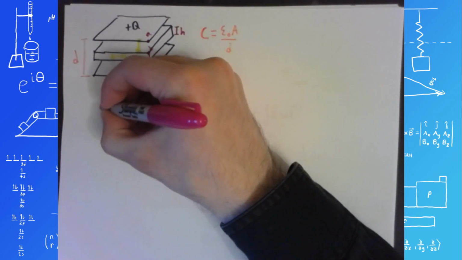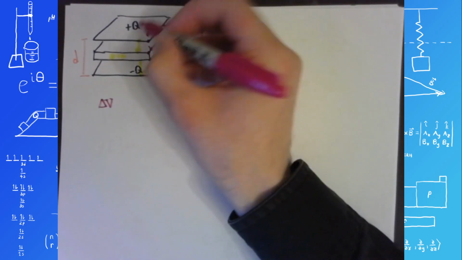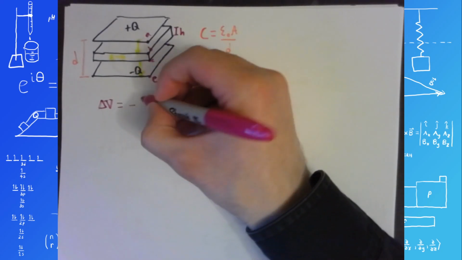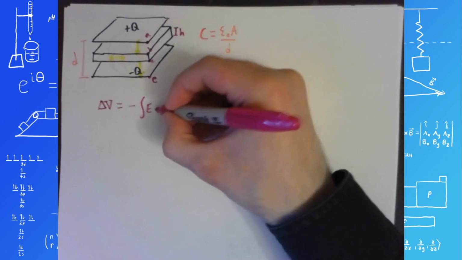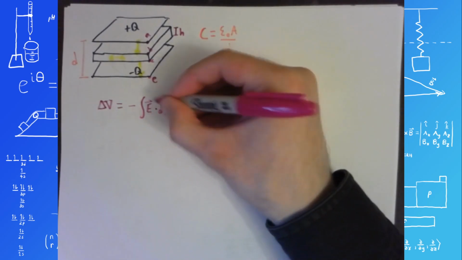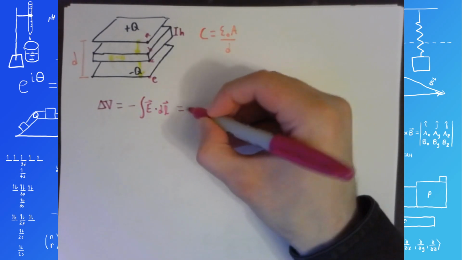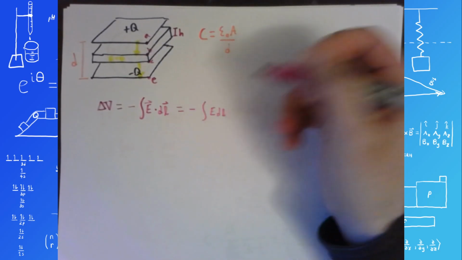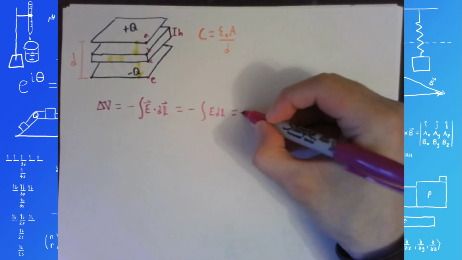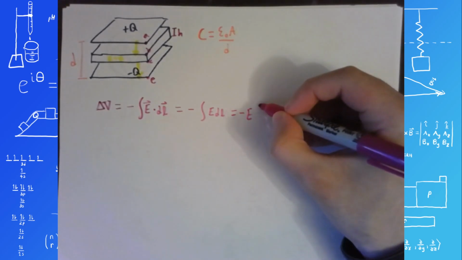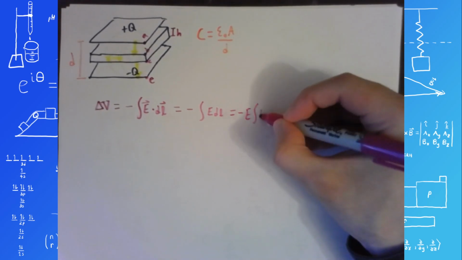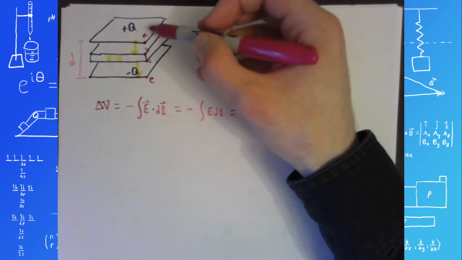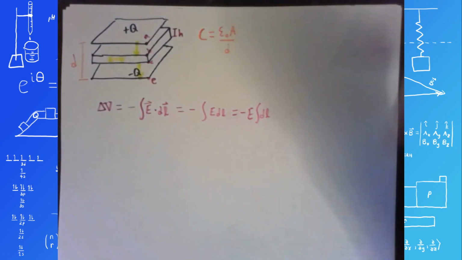So this time, the overall change in voltage from A to E is going to be, let's see, negative integral E dot dl just becomes E times dl, the E is a constant that can be factored out, and the integral of dl is just going to be d minus h.